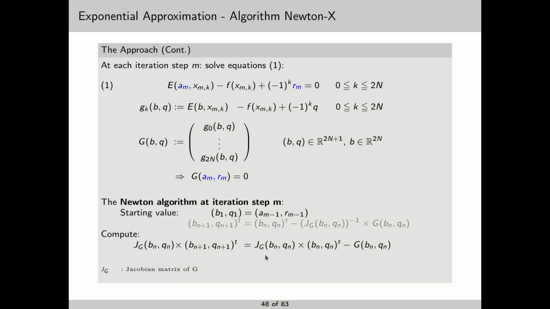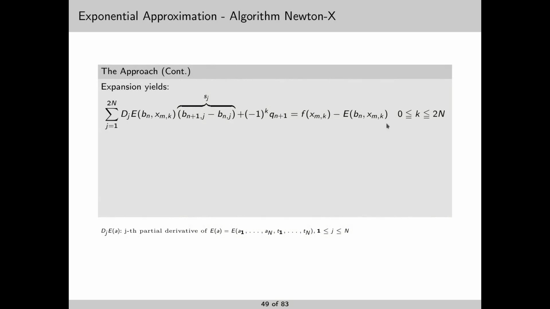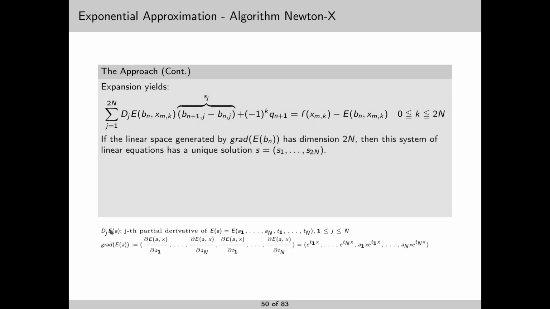where Jg is the Jacobian matrix of function g. Expansion yields this system of equations where dj denotes the jth partial derivative. If the linear space generated by the gradient of EBN has dimension 2n, this system has a unique solution vector S with these components Sj.